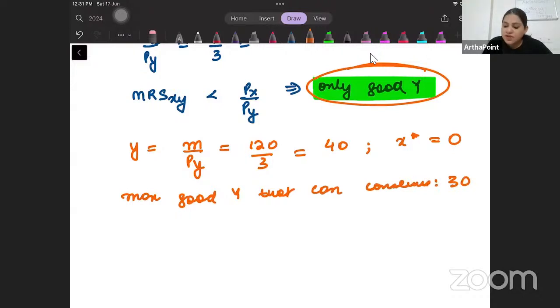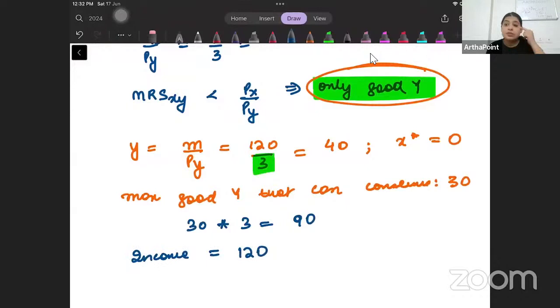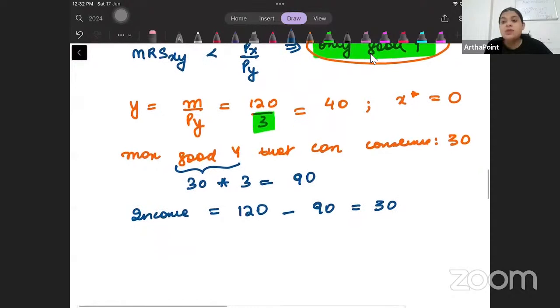But the price of each unit is 3. So 30 into 3 is 90. Her income is 120. Minus she has spent 90 on good Y. So her remaining income will be 30. She has to remain on the budget line.